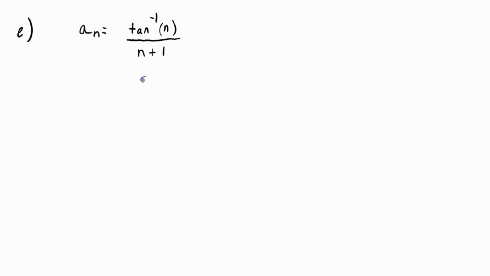Since we're not allowed to plug in anything smaller than 0, it's actually bigger than or equal to 0. And if we only let n start at 1, it's going to be strictly greater than 0, and less than, it won't ever get to pi over 2, strictly less than pi over 2.